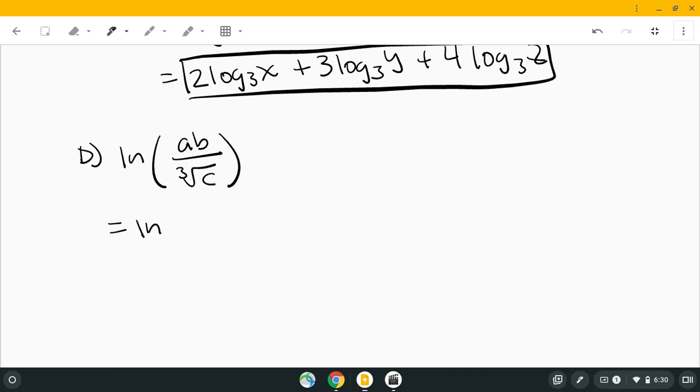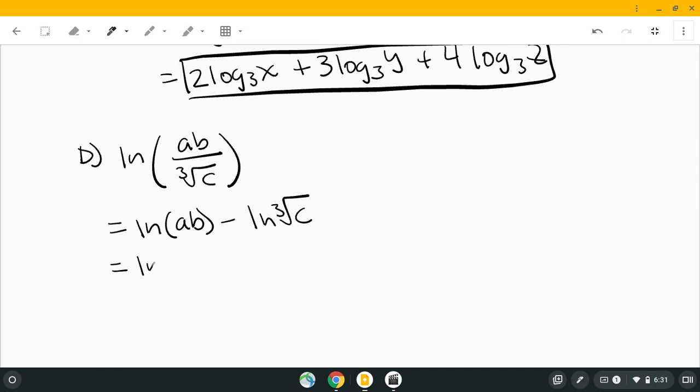So you can think of it like this, ln of AB minus ln of cube root C. And then this one, you can break this up because that one is a product.